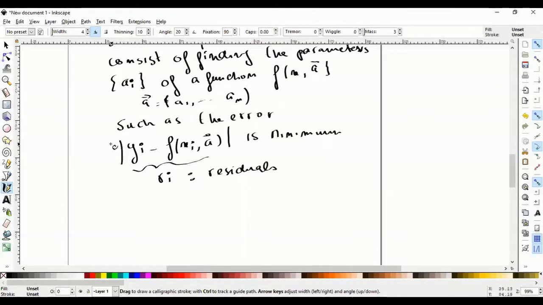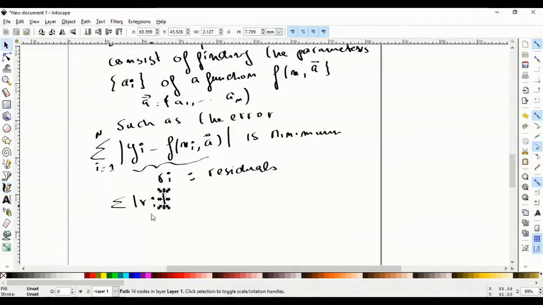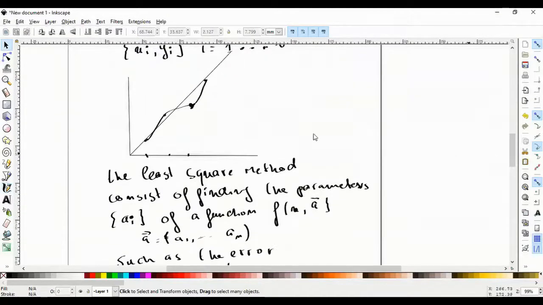What we want is that the sum of the residuals ri in absolute value is minimum. Instead of taking the absolute value, I can take the ri squared. If I take the sum of ri, you can have positive and negative values, so it doesn't mean anything.